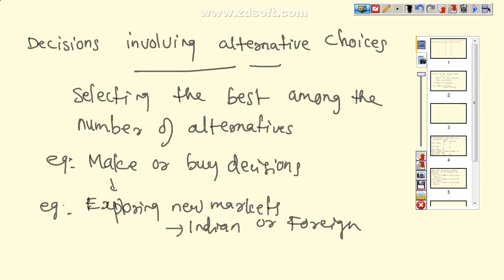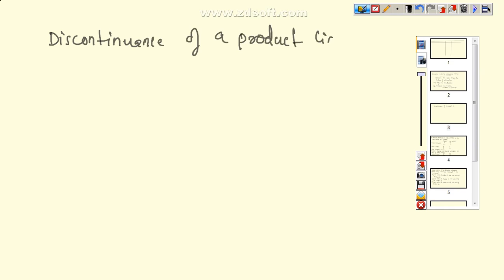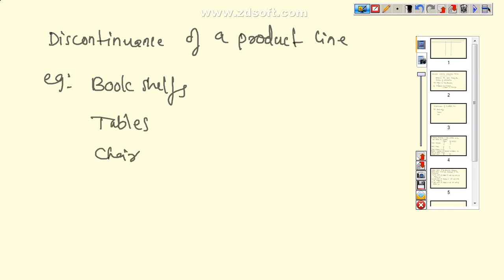Next example of decision making, discontinuance of a product line. For example, suppose a manufacturer is manufacturing three products: bookshelf, table, chairs.